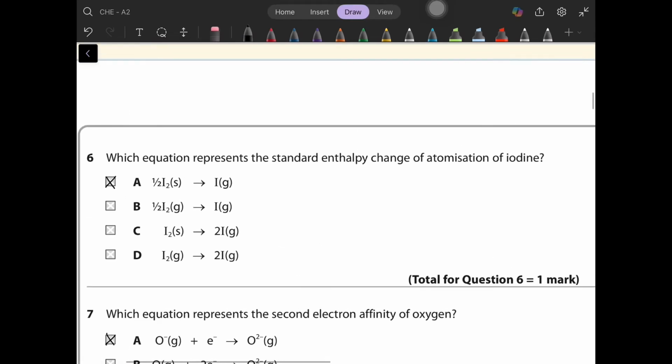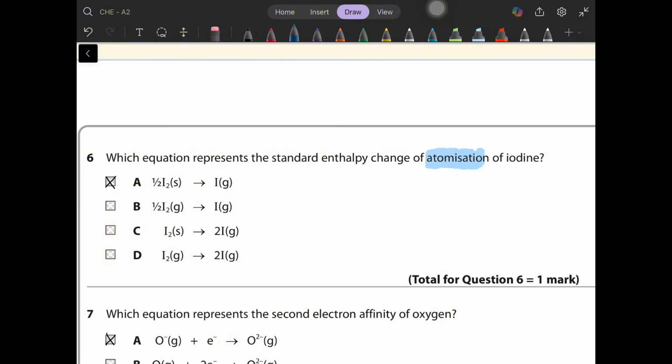Which equation represents the standard enthalpy change of atomization? Before doing this question, you need to know what the enthalpy of atomization means.